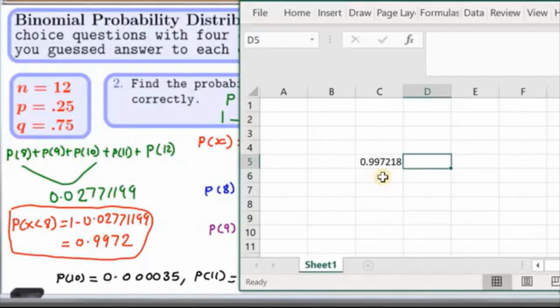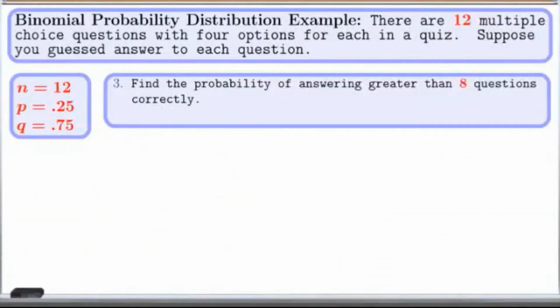Now let's work on the very last problem. Now let's look at this problem here. Here we are supposed to find the probability of x greater than 8, which means we can just find probability of 9, probability of 10, probability of 11 and add those together.